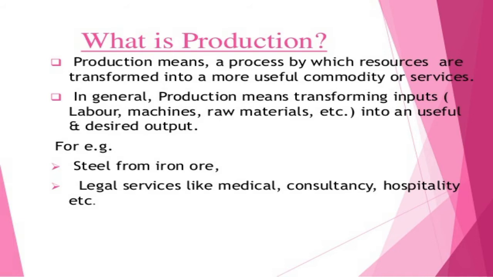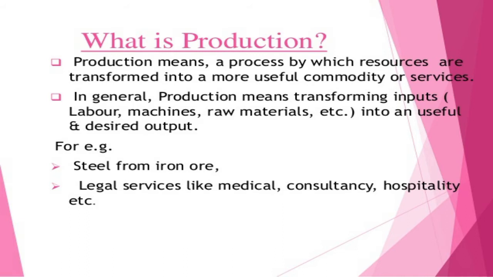Production means a process by which resources are transformed into a more useful commodity or service. Resource, in the sense, is an input for the producer. It can be land, labor, capital or entrepreneurship.